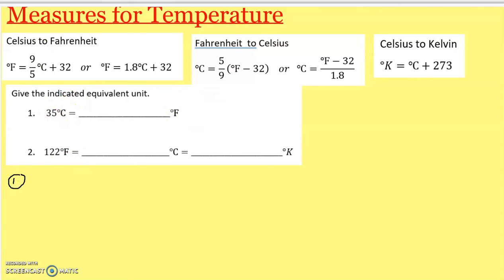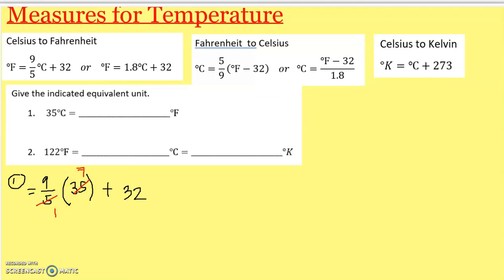We will use the first formula. We substitute: we have 9/5 multiplied by the given measure for Celsius, which is 35, and then we add 32. Why did we use this one? Because 35 is divisible by 5, so the first is easier to use, though the second also works and you get the same answer. We can cancel 35 and 5. 35 divided by 5 is 7, and this is 1.